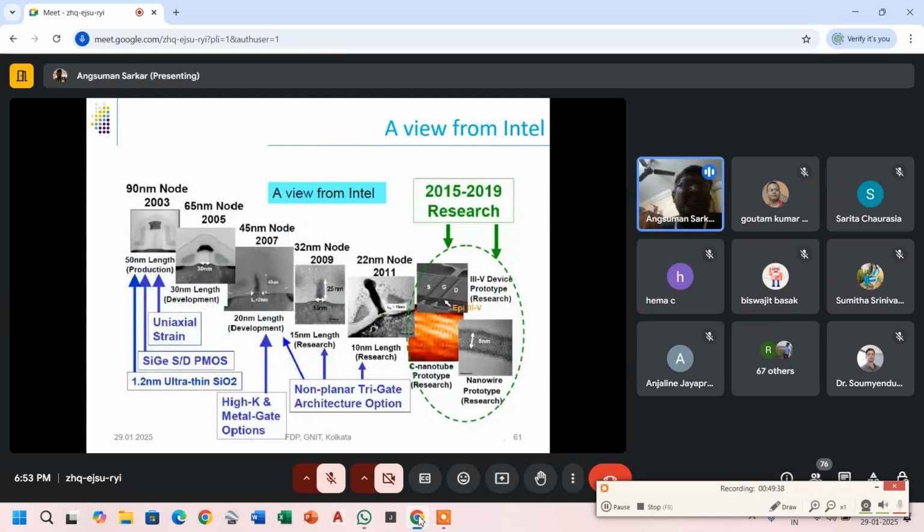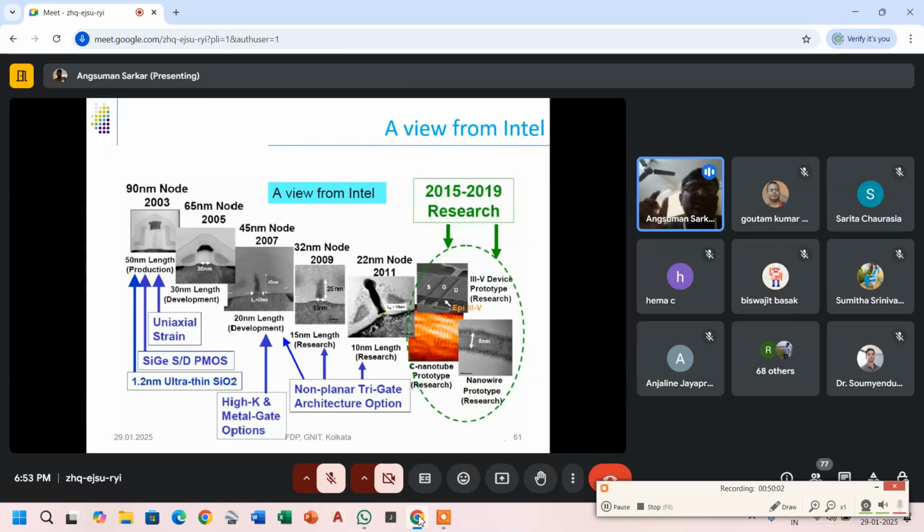So this is a view from Intel, but unfortunately this view is only up to 2019. Initially you can see 2003, the 90 nanometer technology, with silicon germanium, the strain transistor that I was talking about, introduced in 2003, then 2005, the 65 nanometer node, then the 45 nanometer node.